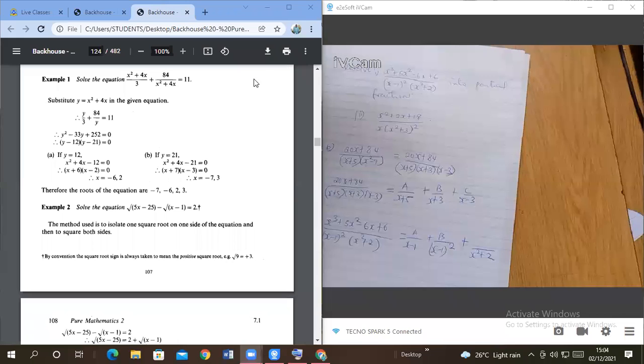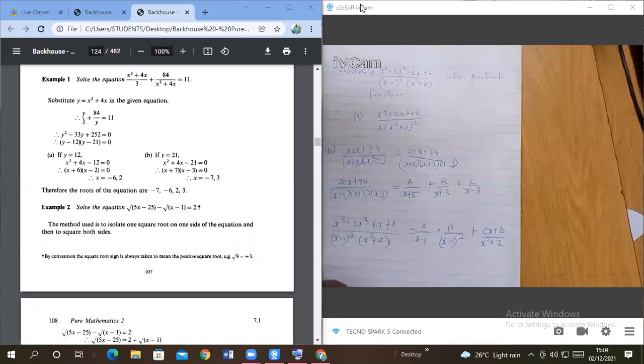Cx plus d. Very good. You can see we cannot use b again because we already used b in the second expression.